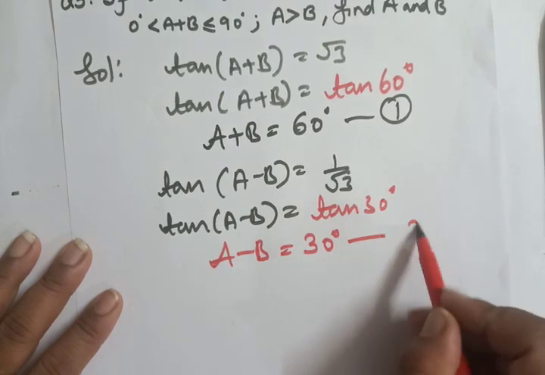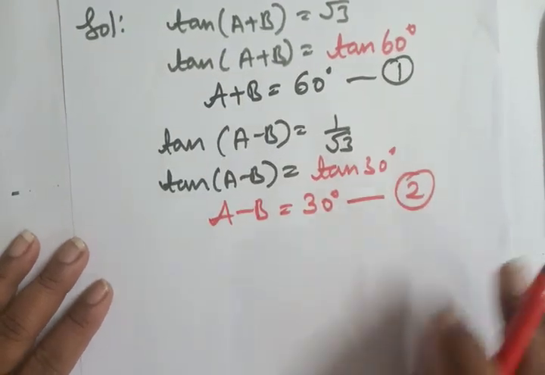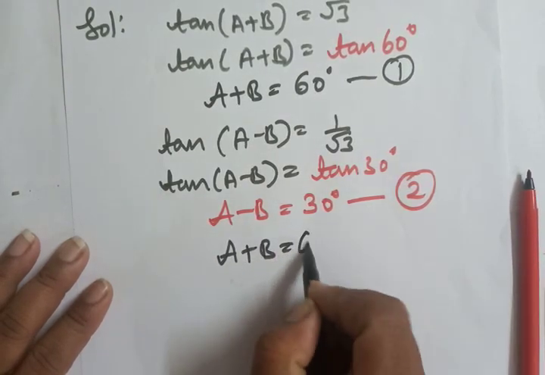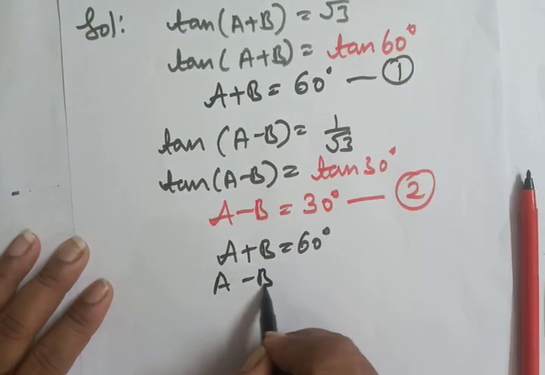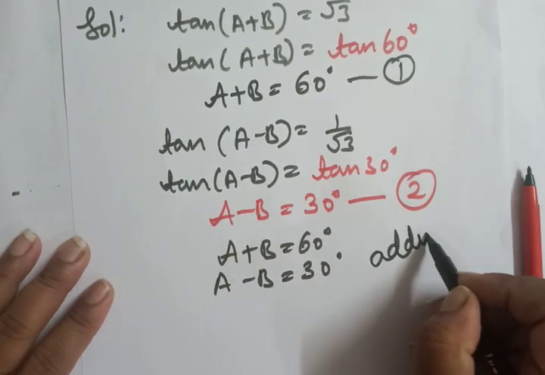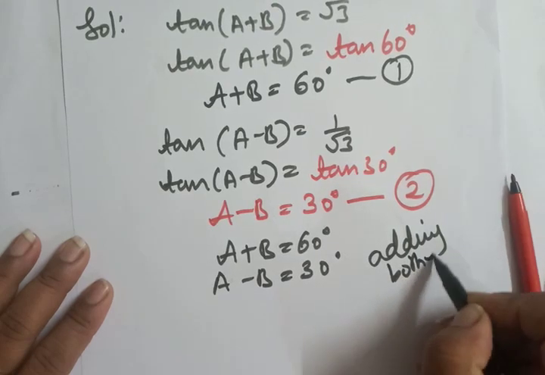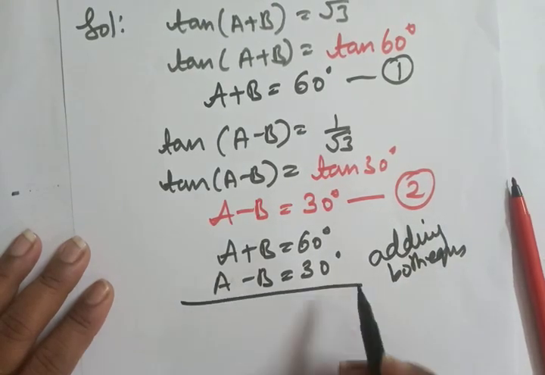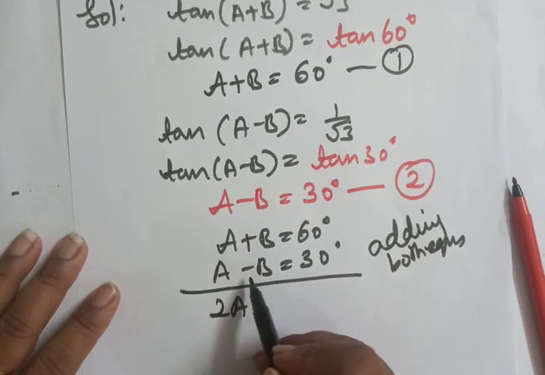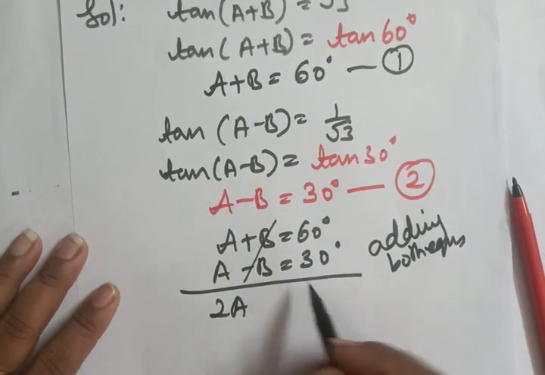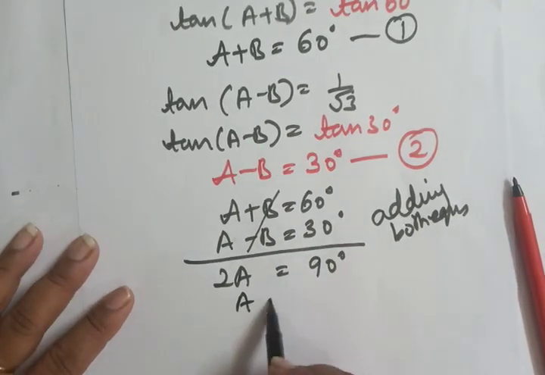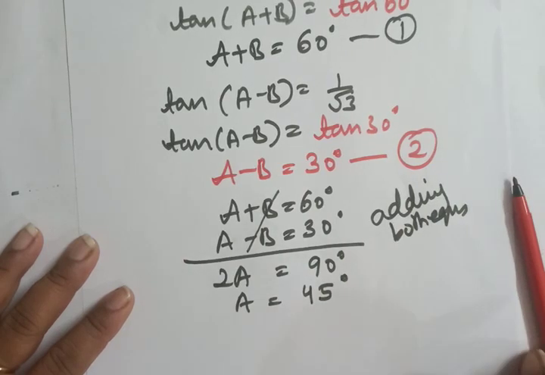This is the second equation. Now we have got two linear equations, A plus B is equal to 60 degree and A minus B is equal to 30 degree. So what we will do is add both equations. We get 2A, because plus B and minus B will be cancelled out, and 2A is equal to 90 degree, and A is of course equal to 45 degree.